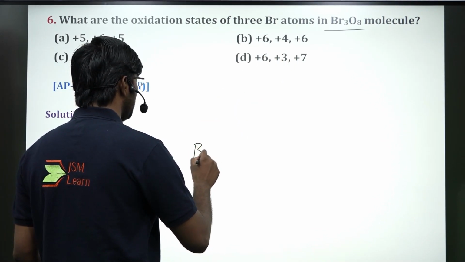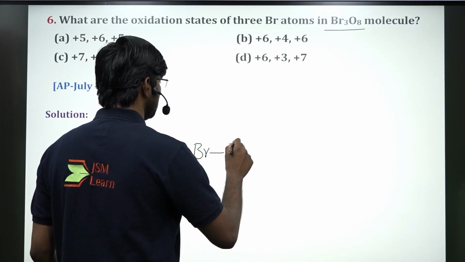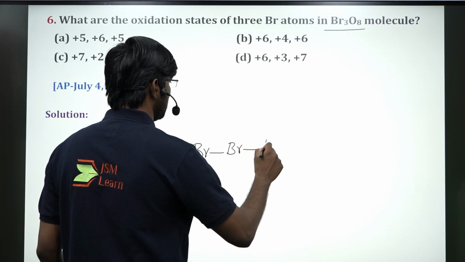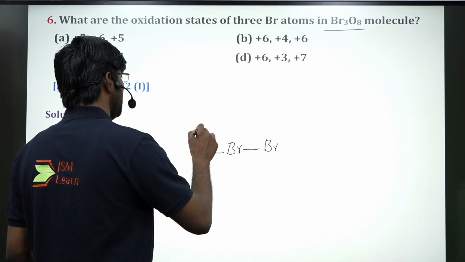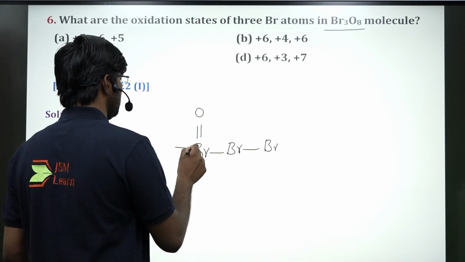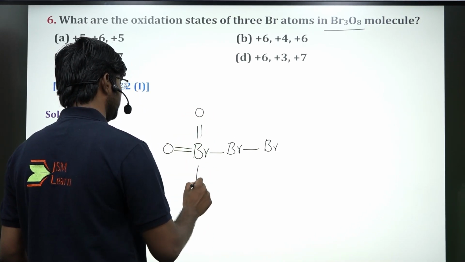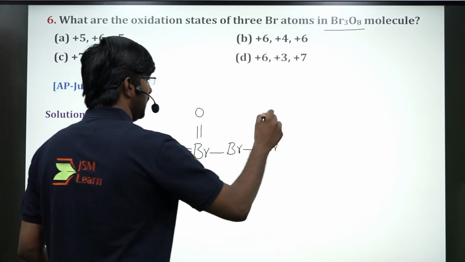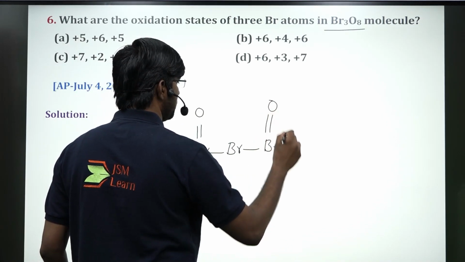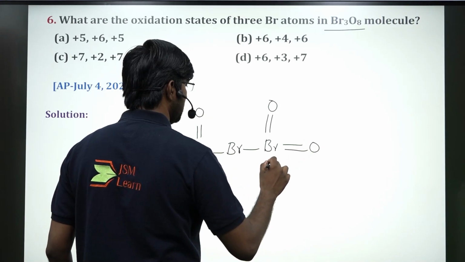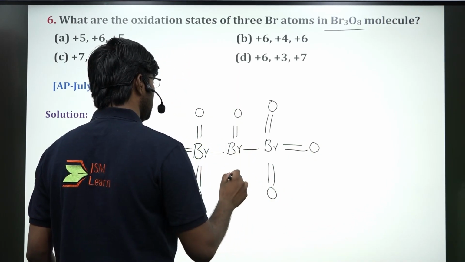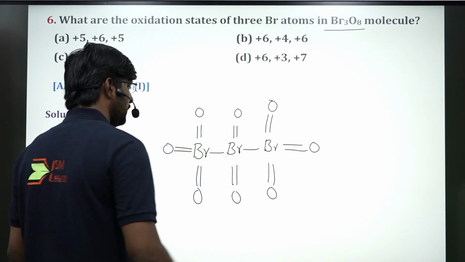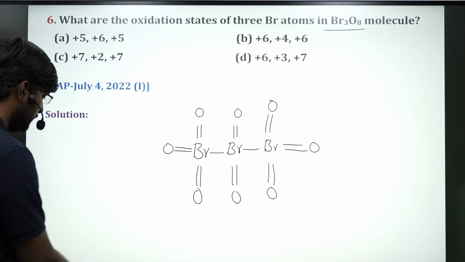So we have 3 bromine atoms. Here this bromine is attached to 3 oxygens with a double bond, and this bromine is also attached to 3 oxygens, and this bromine is attached to 2 oxygens.